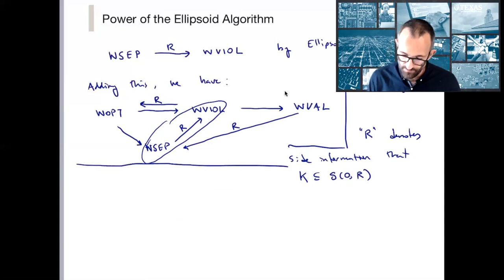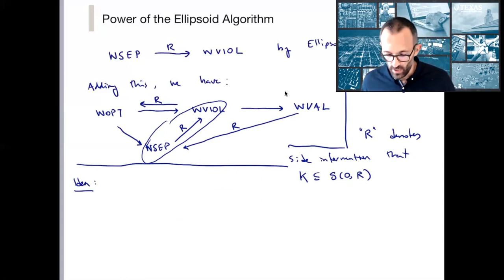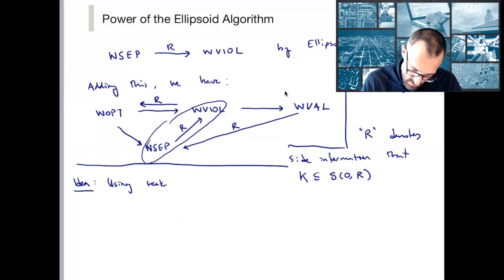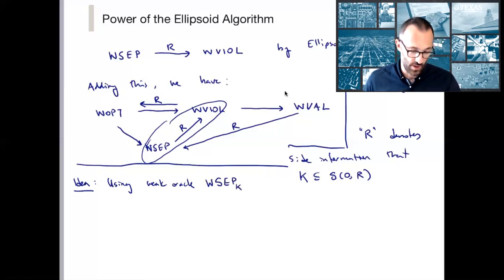So let me give the idea for how we use the ellipsoid algorithm. What is the problem? We need to solve the weak violation problem, the decision version of the optimization problem, and we have a weak separation oracle for K. How do we do that?